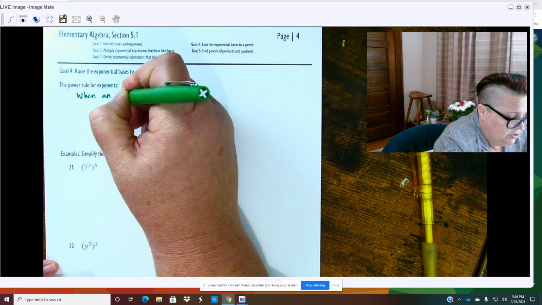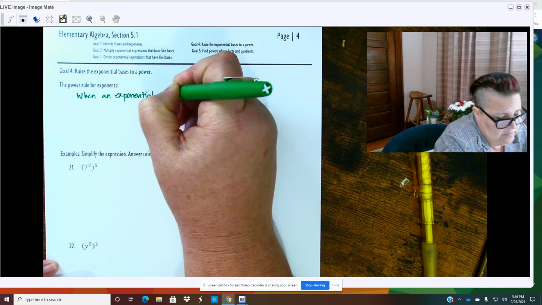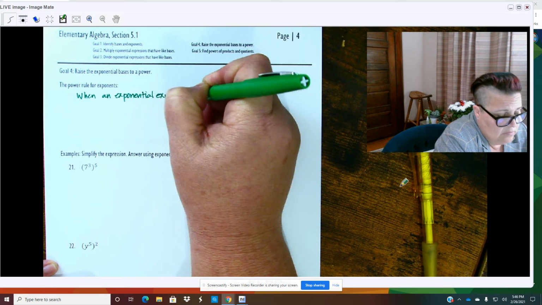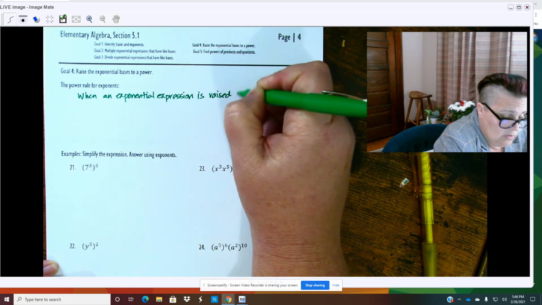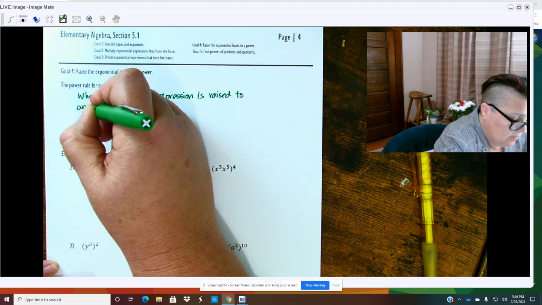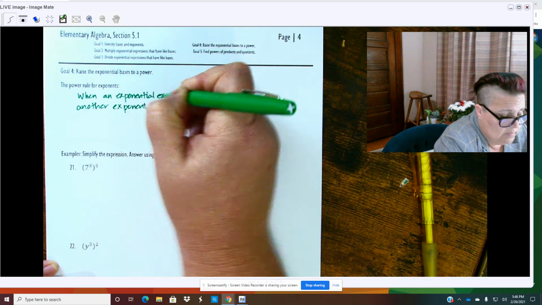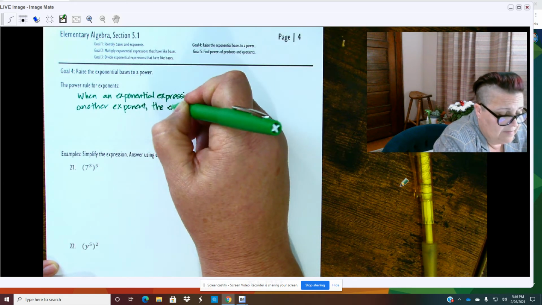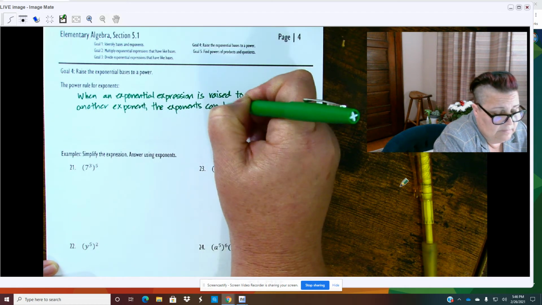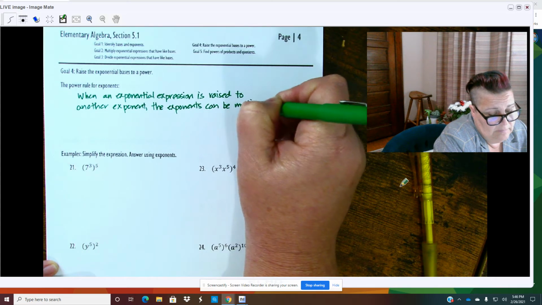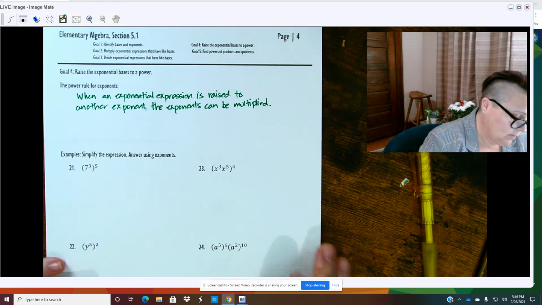When an exponential expression is raised to another exponent, the exponents can be multiplied. All right, so that's our patterning. That's our shortcut, is that we can multiply them.